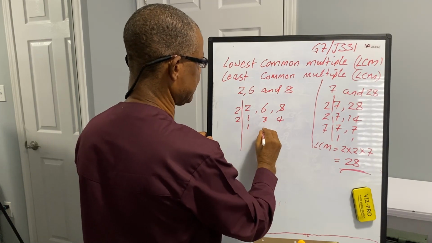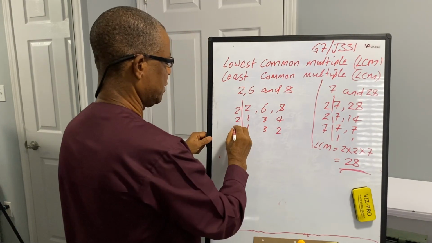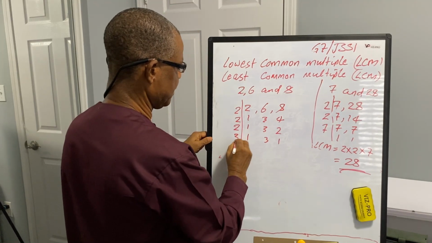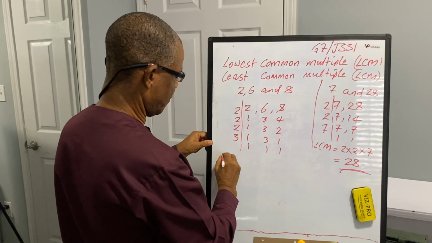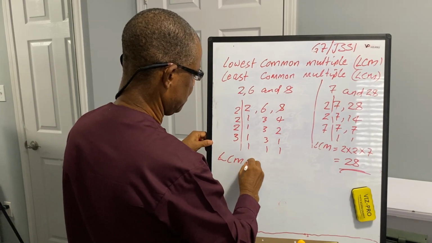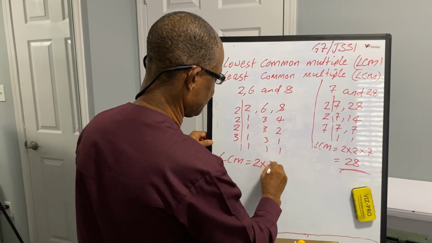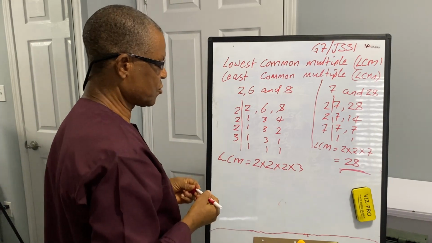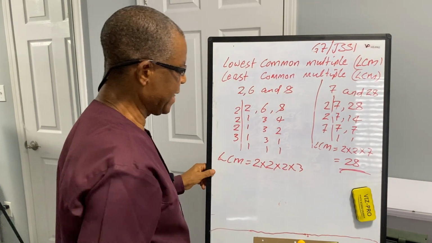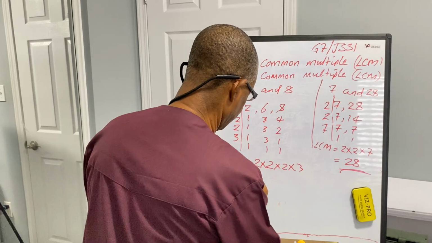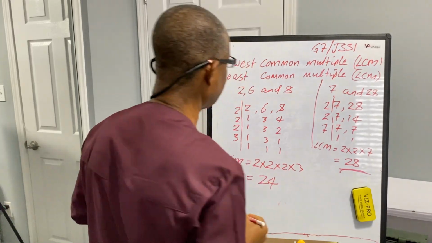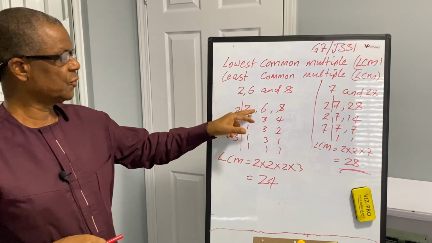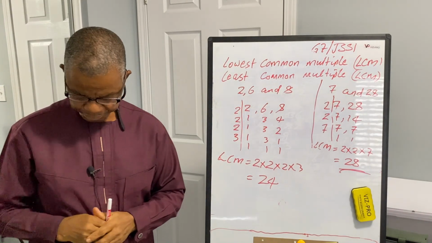This remains 1, this is 3, and this will now be 2. 2 can still go. 1, 3, 1, and then 3, 1, 1, 1. So our LCM will be 2 times 2 times 2 times 3. 2 times 2 is 4, 4 times 2 is 8, 8 times 3 is 24. So 24 is our least common multiple for 2, 6, and 8.